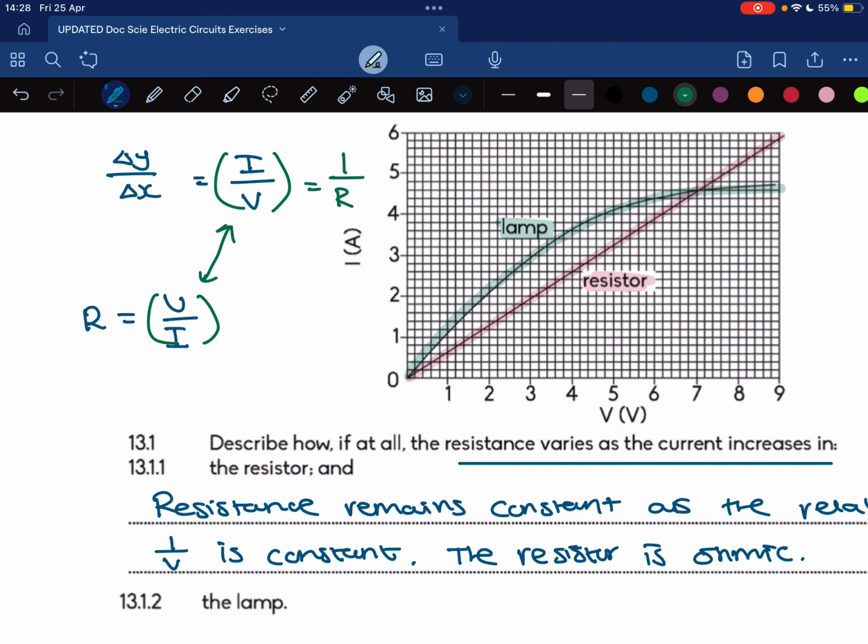So I go to the side and to the bottom, and I can see that the current is 4.5 and the voltage is 7. So the current is 4.5 amps and the potential difference is 7.0 volts.